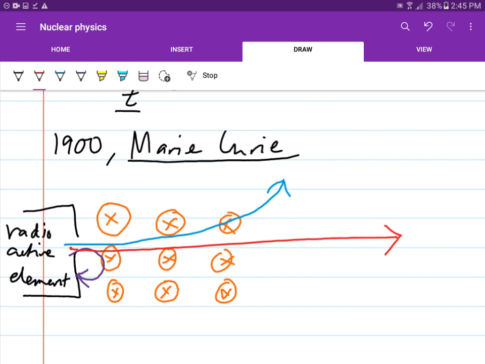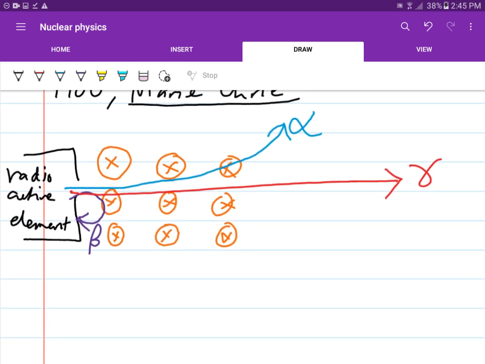She didn't know what these three types of radiation were, so she called this one alpha, this is beta radiation, and this is gamma radiation. We will talk about these three types of radiation further.